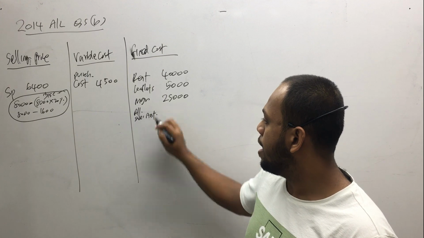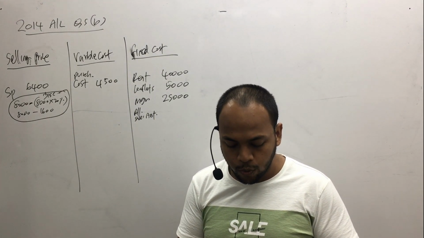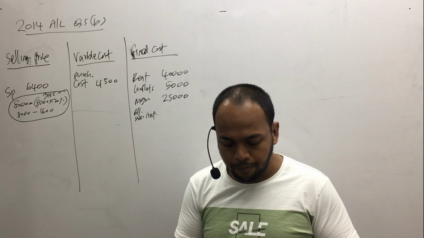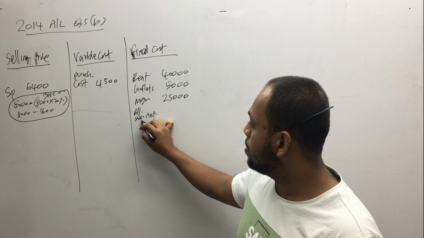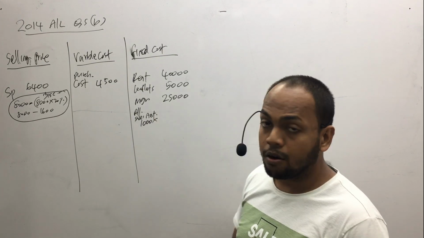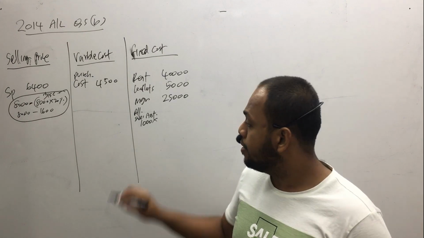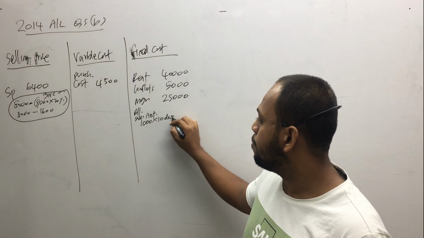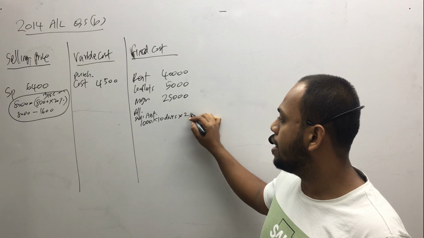sales assistant. Now below that they have given there are 2 sales assistants will be recruited for the period. So this is allowance for one assistant, 1,000. 1,000 is for one assistant per day. So there are 10 days, multiplied by 10 days and 2 assistants.